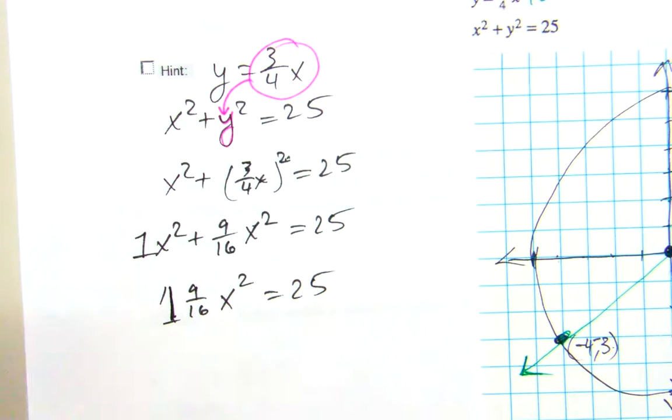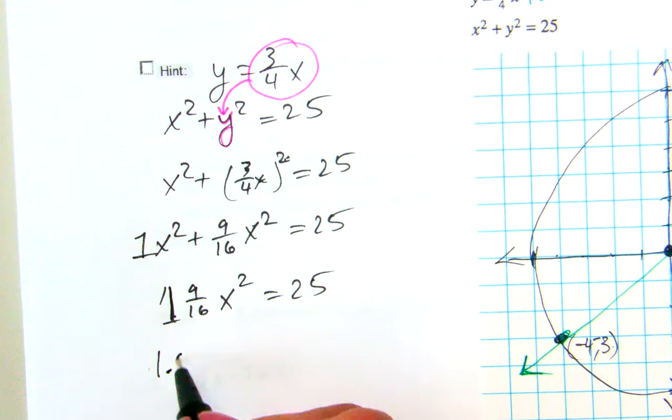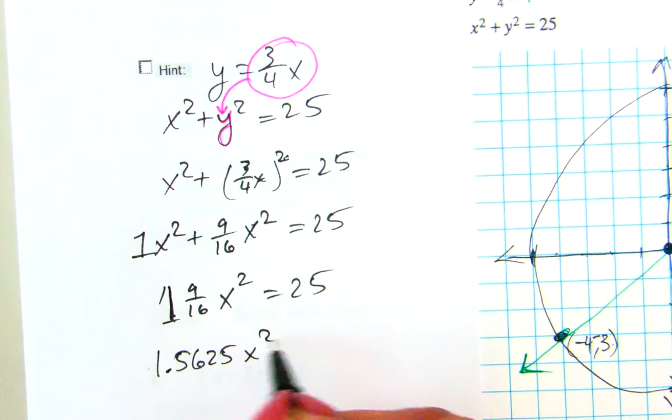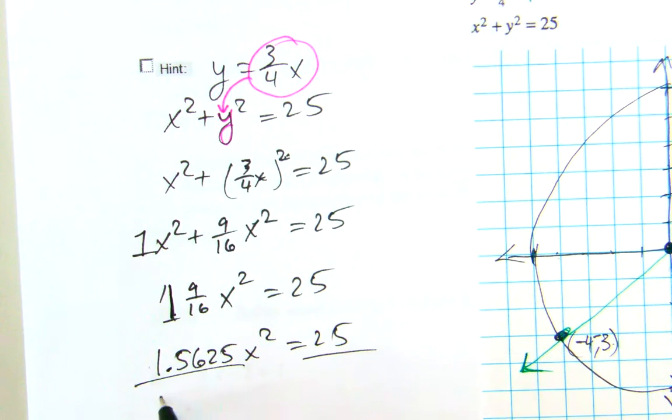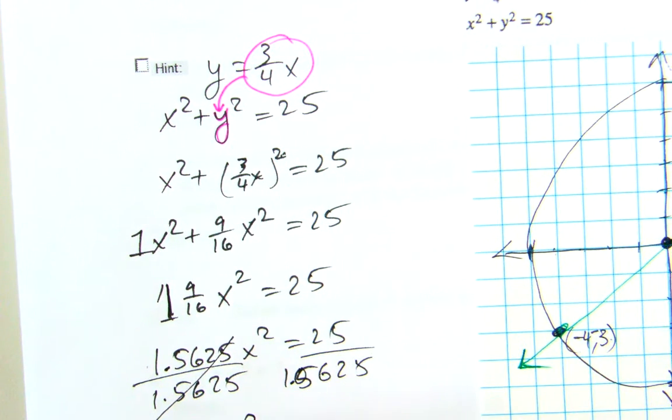So if you don't really like 9 over 16 as a fraction, by all means divide 9 by 16 and get a decimal, which is 1.5625x squared equals 25. Divide both sides by 1.5625. So you get x squared equals a wonderful 16, because 25 divided by 1.5625 is 16. Woohoo! So x is equal to plus or minus 4.